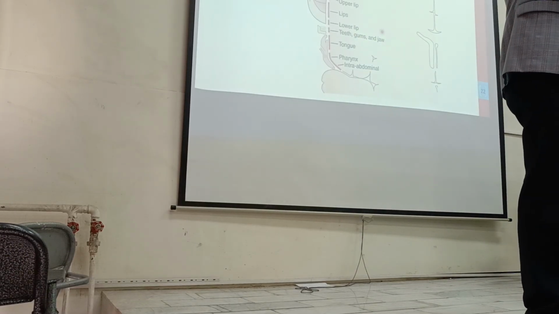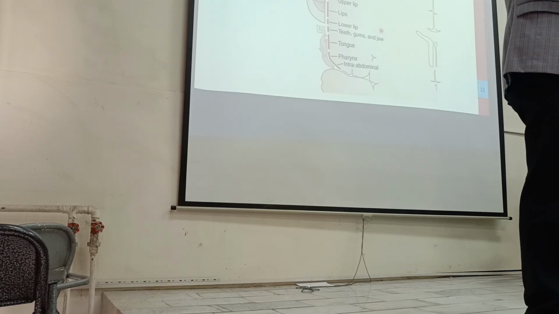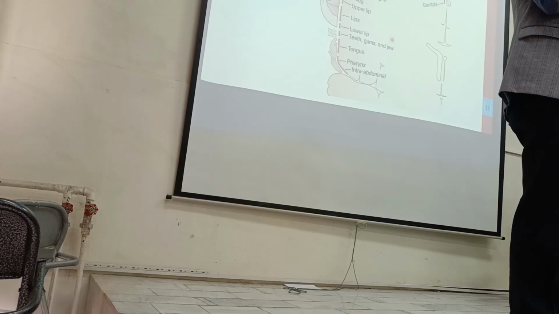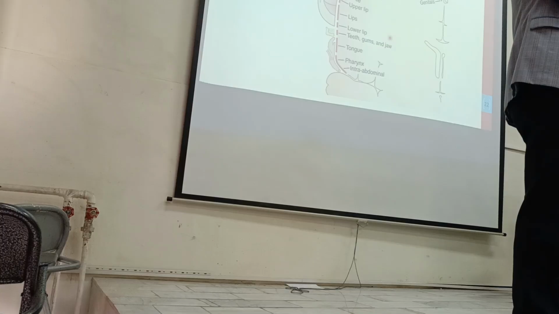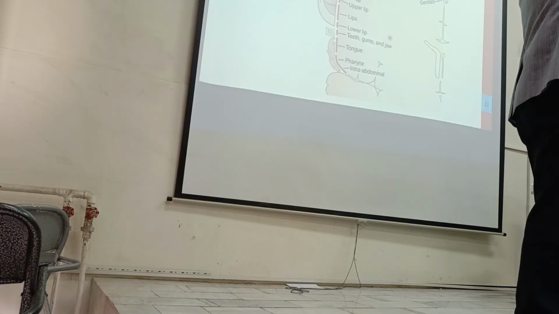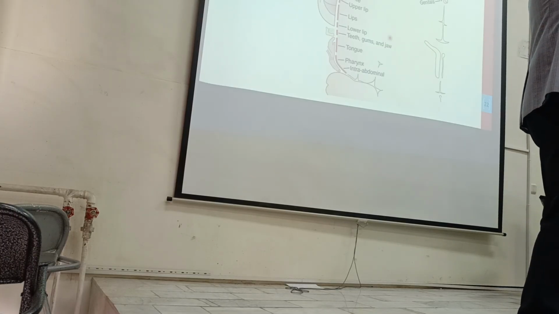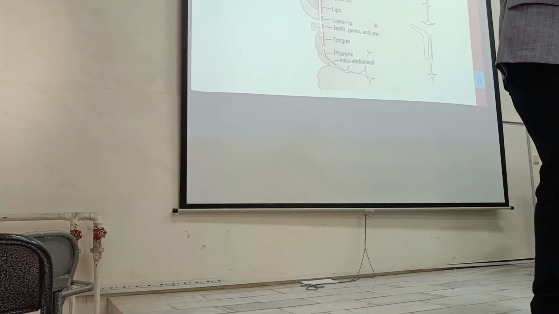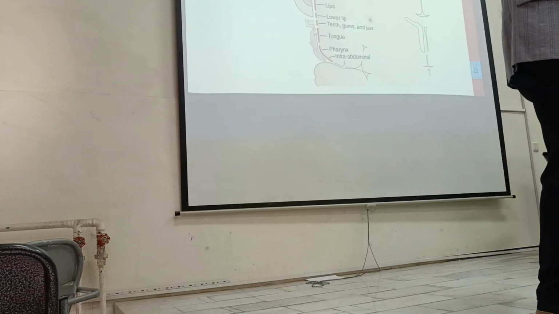So we need precise control over the muscles of the lips, and for this precise control we need a lot of sensory information. This sensory information is collected in the brain, then goes to the motor areas, and the motor area can use it for precise planning of movements in the lips.